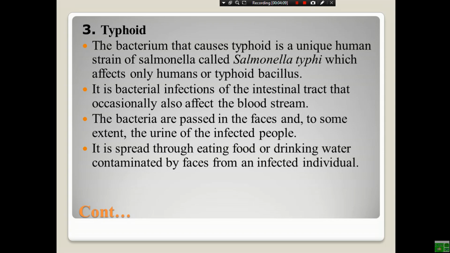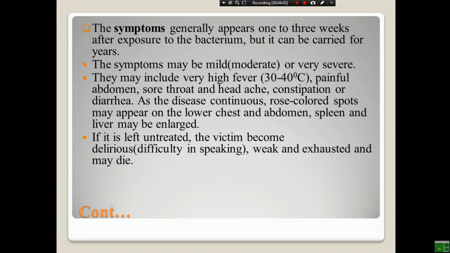This bacterial disease is spread through eating food or drinking water contaminated by feces from an infected individual, which means contact with polluted water, food, milk, or green vegetables, and it passes through infected people's urine and feces. Those are the transmission ways.